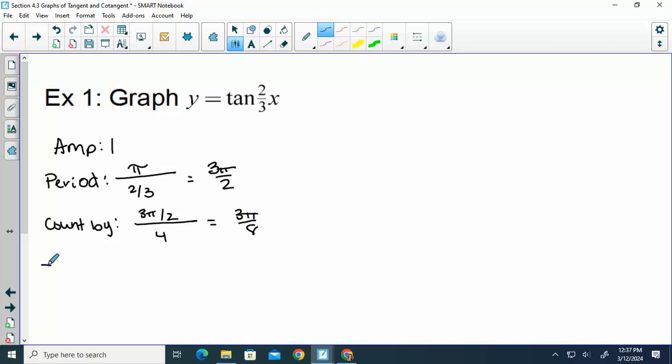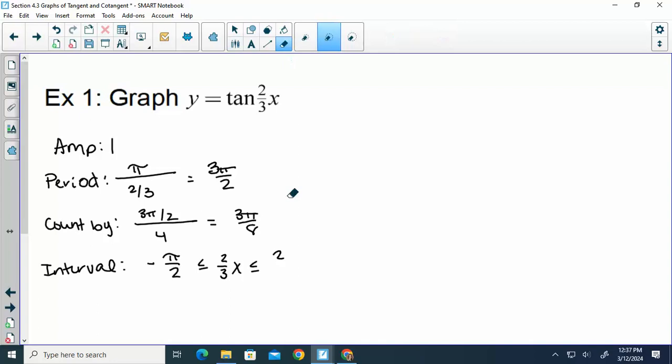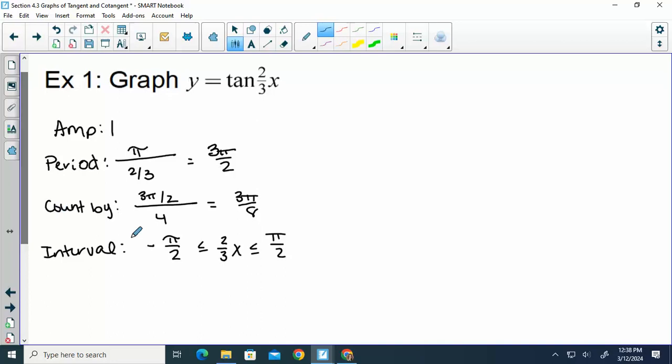And let's go ahead and do an interval. Where do we normally graph tangent? On the 0. Well, we start at negative pi over 2 and end at positive pi over 2. So tangent and cotangent are going to be the weird ones. They have different rules.